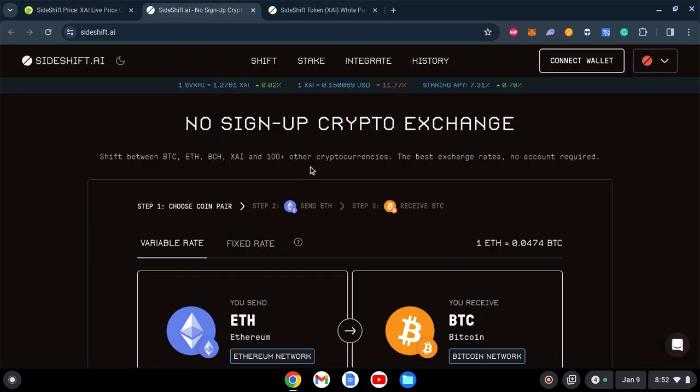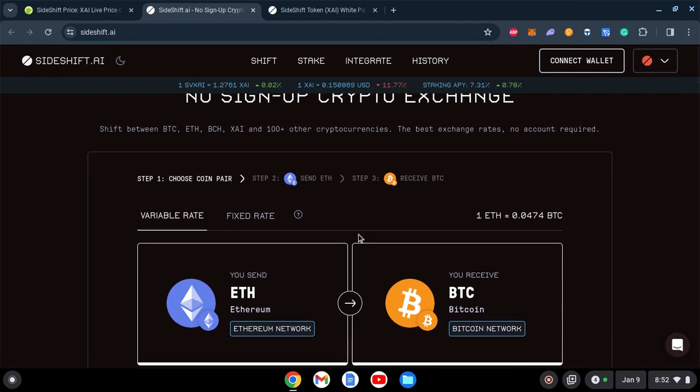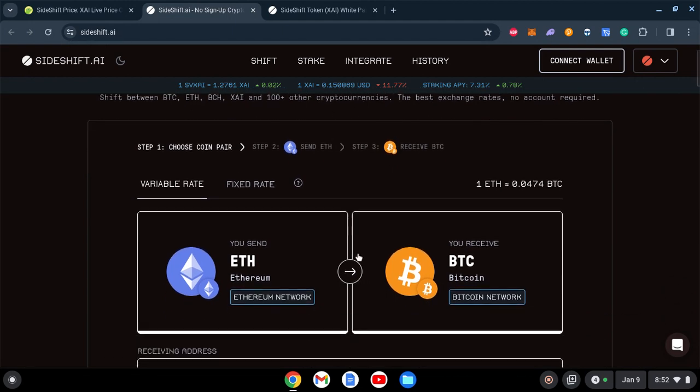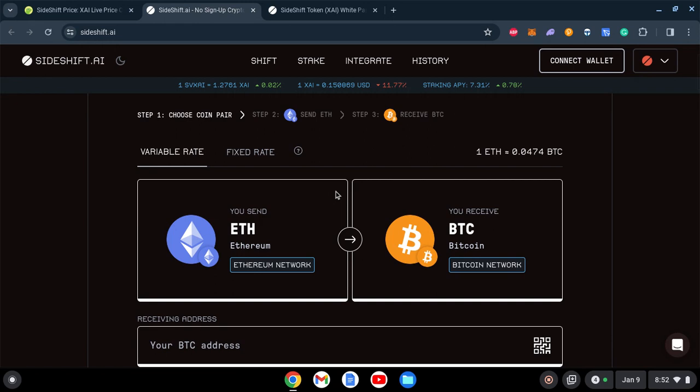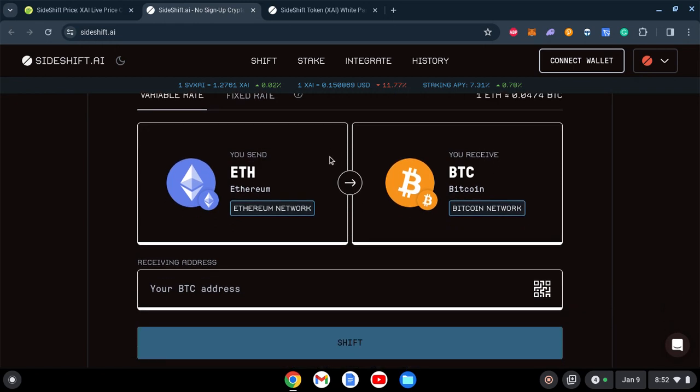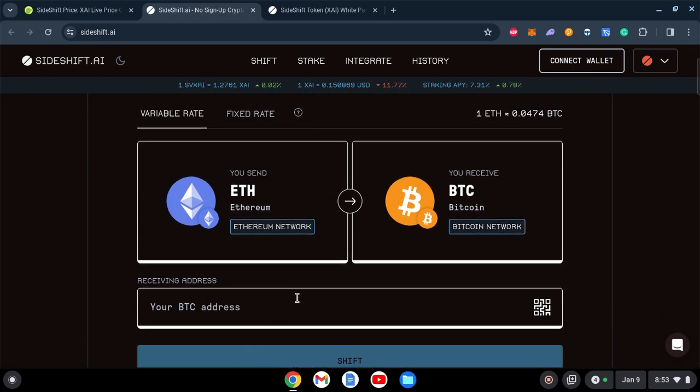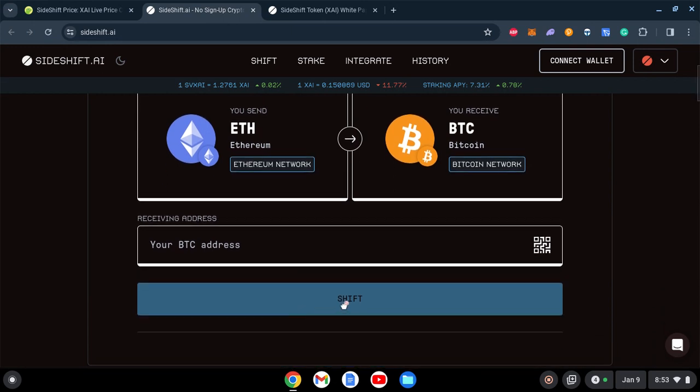So basically, it is a no sign up crypto exchange. You just have to send Ethereum or Bitcoin, whatever you want to send, and receive whatever you want to receive against that. For the receiving address, you will just have to enter the receiving address, and probably you are good to go.